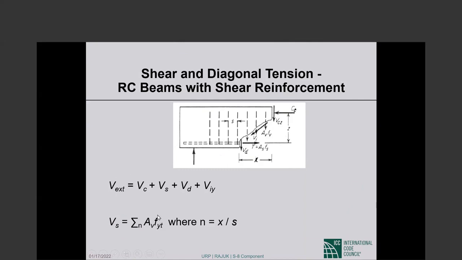So A sub V multiplied by F sub YT, the yield strength of the reinforcement in the stirrup. Okay? And we will sum over however many stirrups are crossed by that crack. So we will take the force, the tension in each stirrup, which will be A sub V F sub YT, and multiply by the number of stirrups that are crossed by the diagonal crack. And that number we are taking equal to X, the horizontal extent of the diagonal crack, divided by the spacing of the stirrups, X over S.